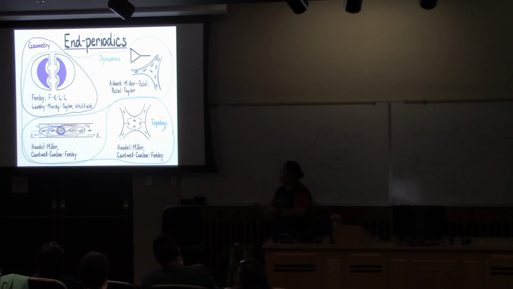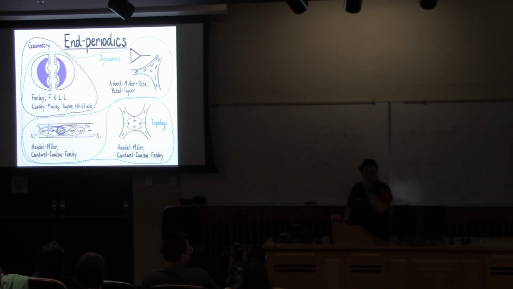In particular, the work of Landry, Dubinsky-Taylor and Brandis-Whitfield, they are really using dynamics of pseudo-Anosov flows to get at some of this n-periodic behavior. And I'll say a little bit about that in a minute.